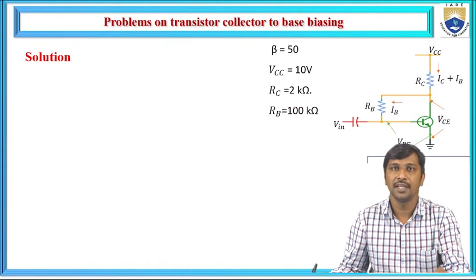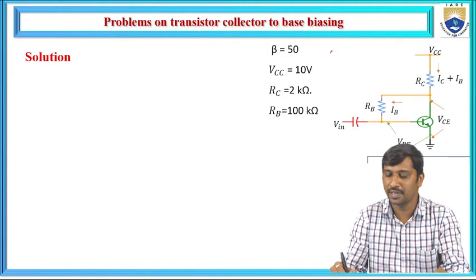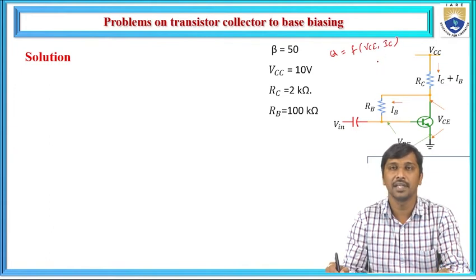If you want to identify the operating point, we know that the operating point Q is a function of VCE and IC in a common emitter configuration, where VCE is the potential difference between collector and emitter voltage.